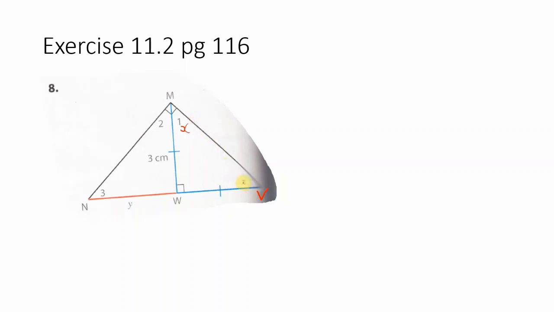And now I have two angles and the third angle of the small triangle MWV, so I will be able to calculate the size of these unknown angles. So my first step would be to say that angle M1 is equal to x, the reason being that MW is equal in length to VW.